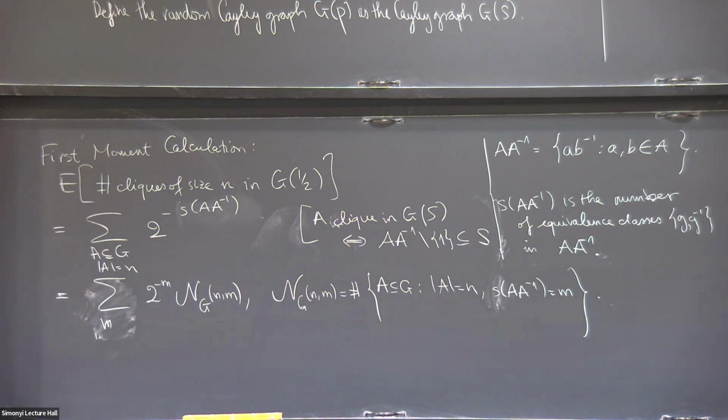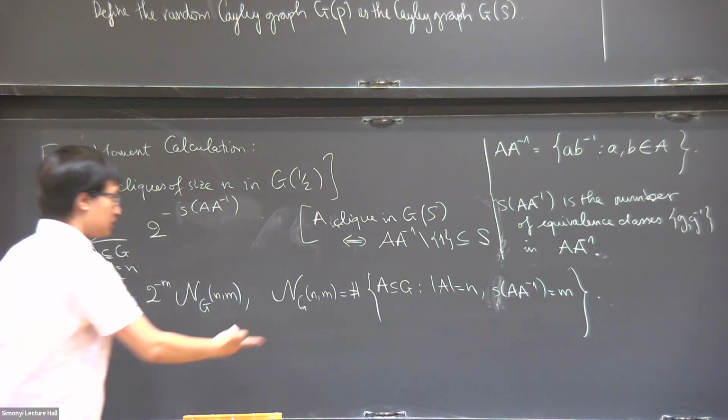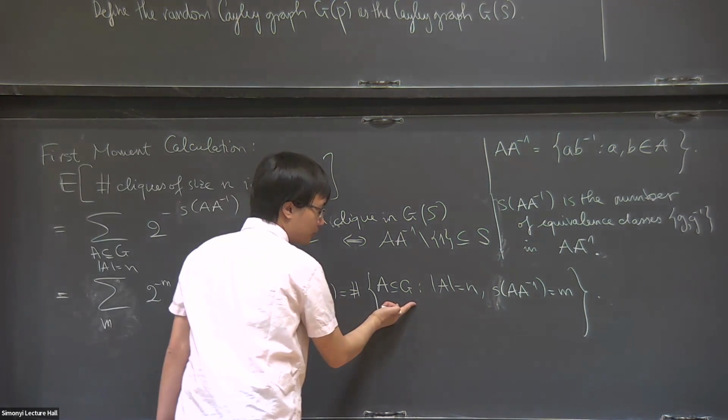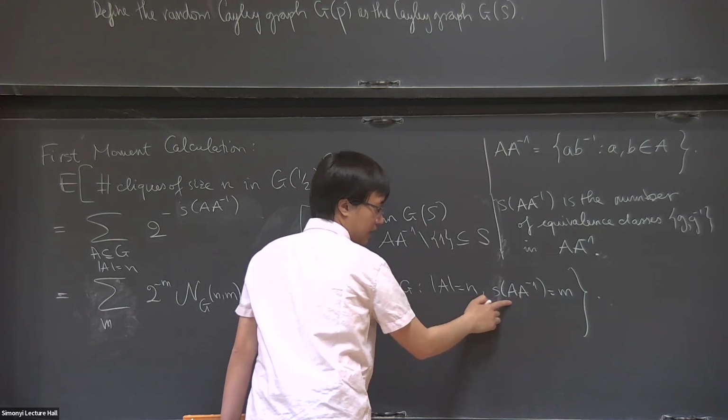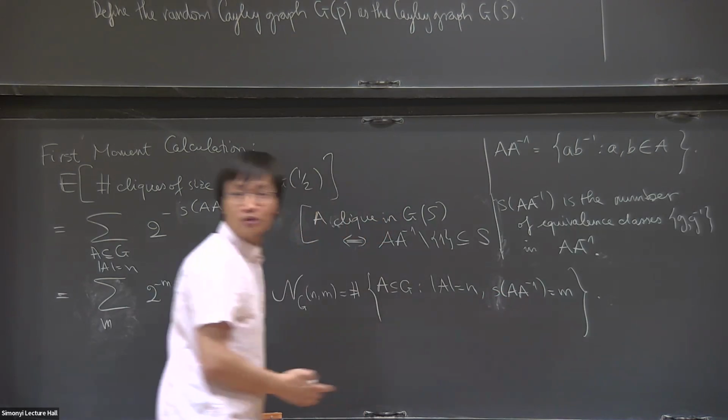It turns out that if we want to understand the expected number of cliques in a random Cayley graph, then what we need to control is the number of subsets of the group for which the product set A times A inverse has small size.